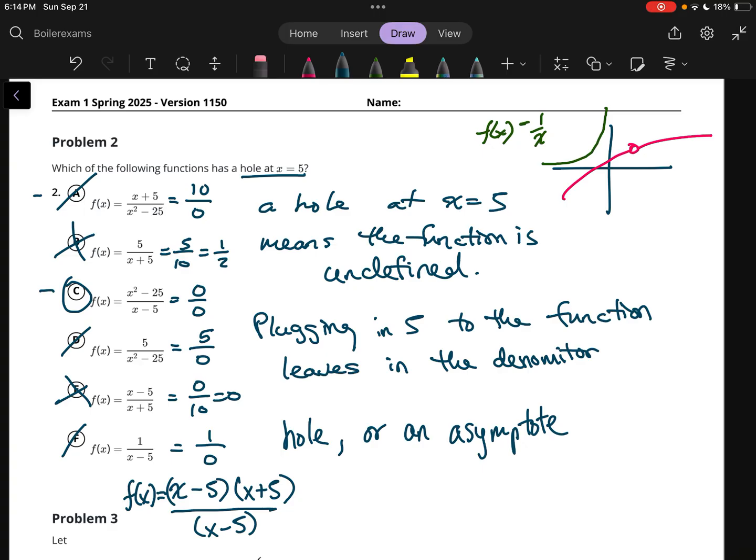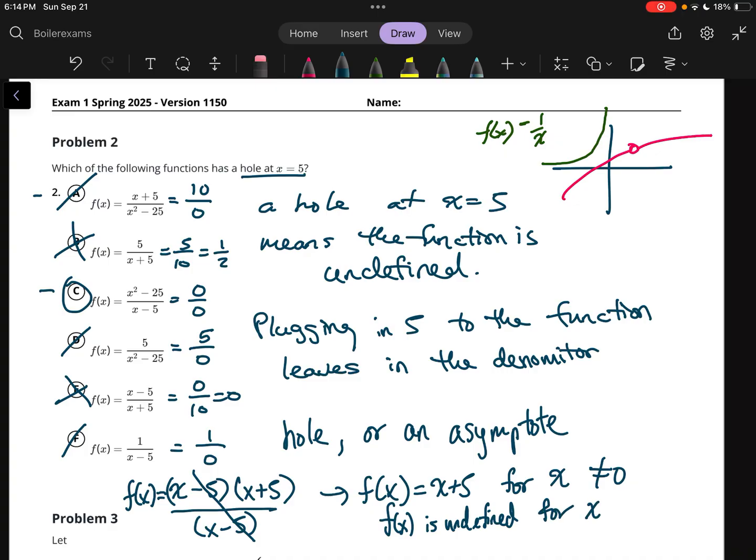And so what happens is that we can cancel out these values only if x minus 5 is not equal to 0. So I can basically say f of x equals x plus 5 for x not equal to 0, and f of x is undefined. There's no value for x equals 0.